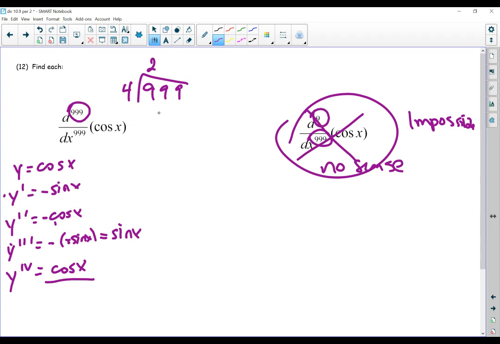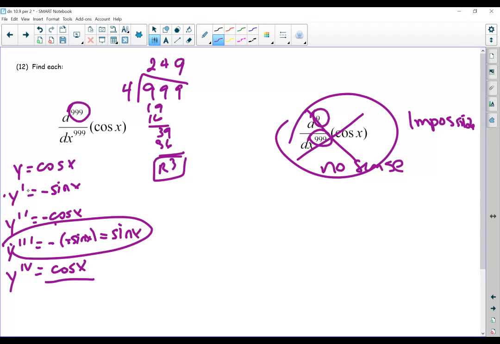So 4 goes into 9 twice with 1, bring down 9 is 19, 4 times 4 is 16, remainder 3, bring down 9 is 39, that'd be 9, 36 with a remainder of 3. Okay, so the remainder of 3 would put us here. The derivative would be sine x.